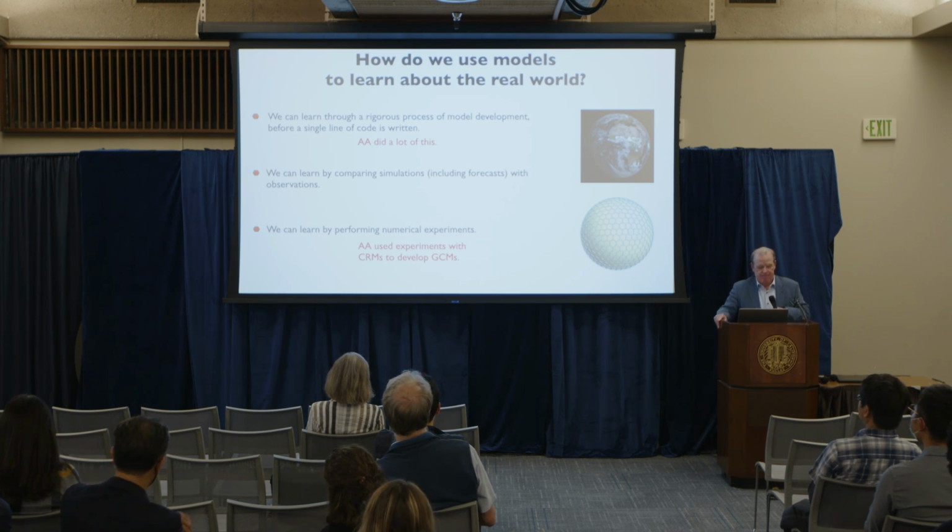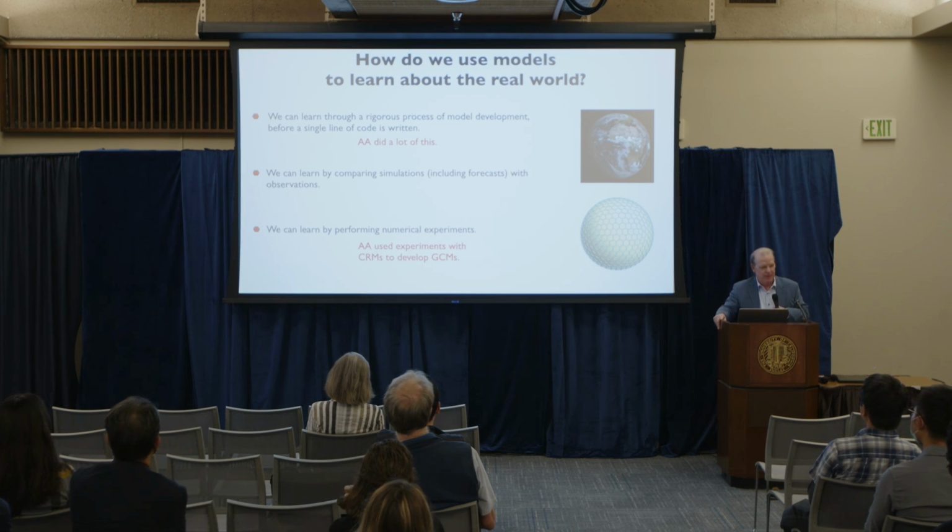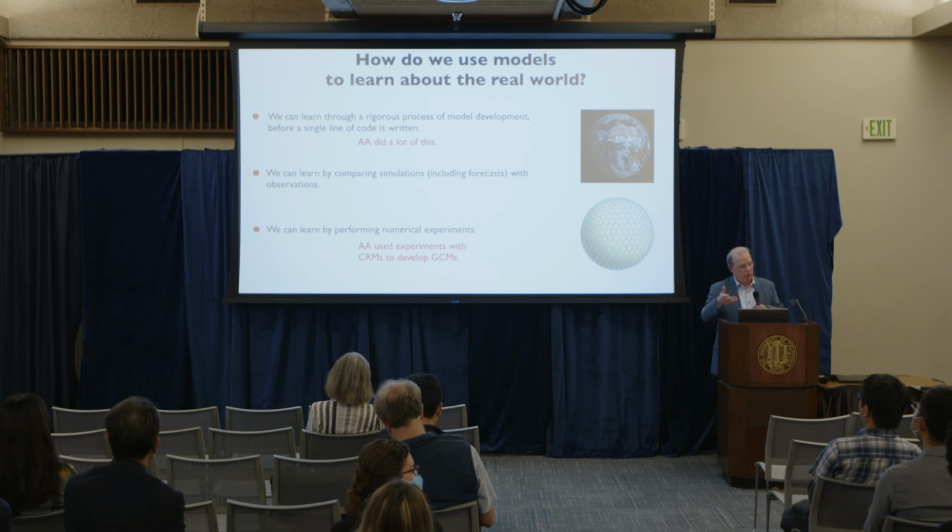So Arakawa did a lot of rigorous model development, thinking very hard about what to do before writing code. Arakawa-Schubert is a good example, okay? Arakawa-Lamb, the potential enstrophy conserving scheme that was mentioned by John, is a good example.